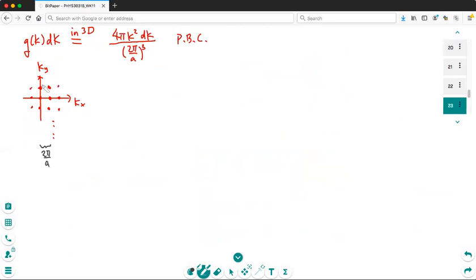Okay, and I have the same for the other direction. So for here, for example, I will also have 2 pi over a. This is also 2 pi over a. So the area of this square will be (2 pi over a) squared, right? So this area of the black region is (2 pi over a) squared. Okay, now I would like your contribution. In this area, how many points do I have?